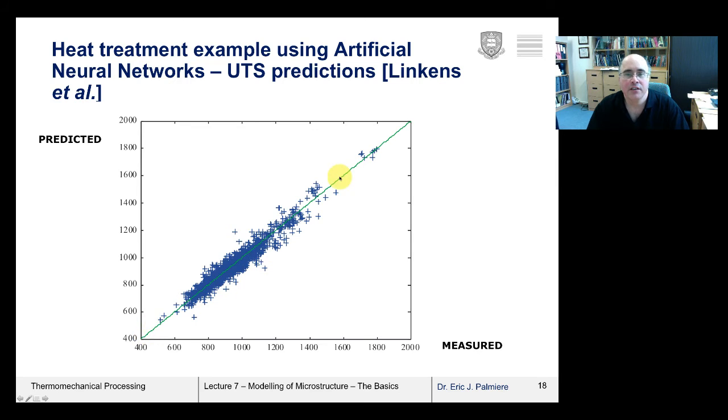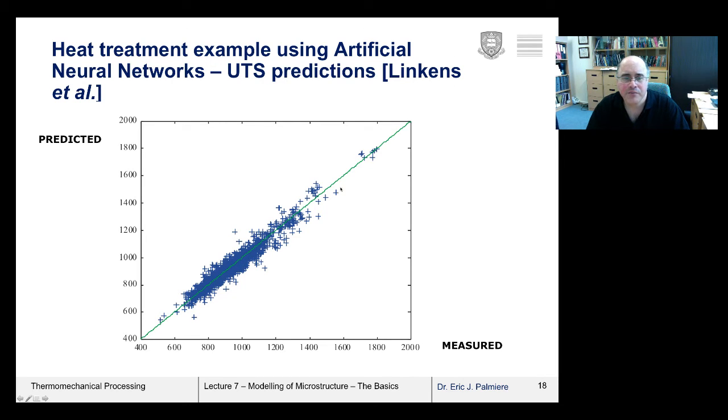This data comes from my colleagues here at the university, in the Department of Automotive Control and Systems Engineering, where they've developed an artificial neural network for a series of steels, and you can see we have quite good predictive capability between what was predicted by the model and what was measured. Perfect prediction would be along this 45-degree line, and you can see we have pretty good predictive capability. So this gives us a very high degree of confidence.